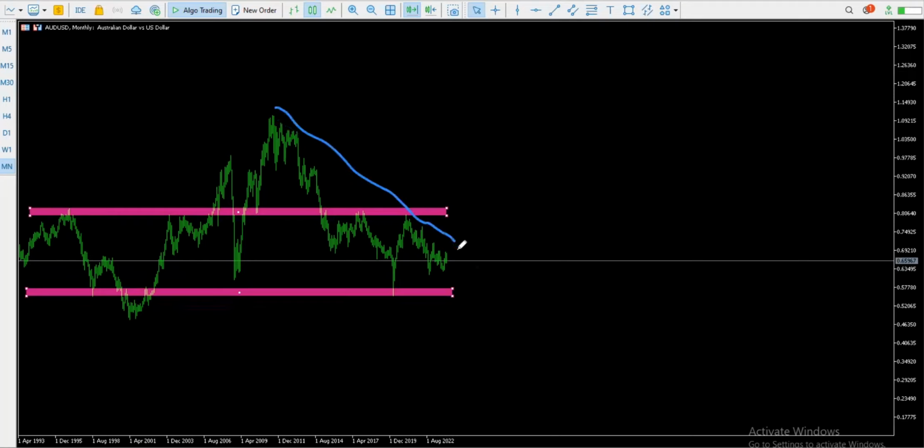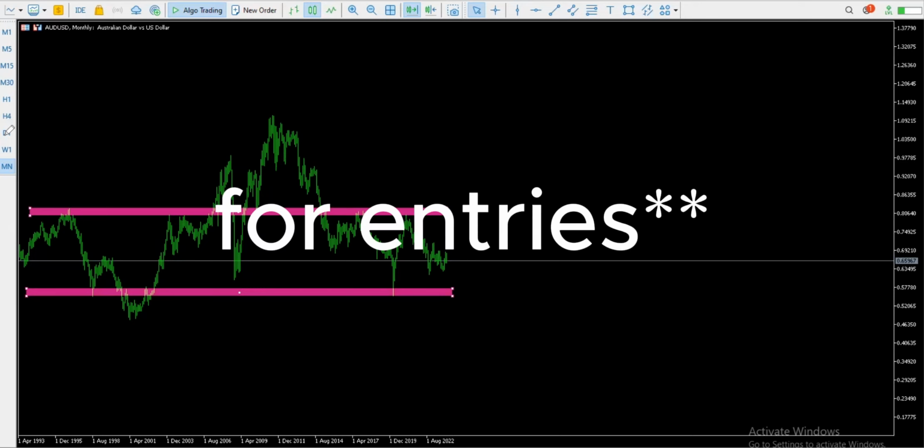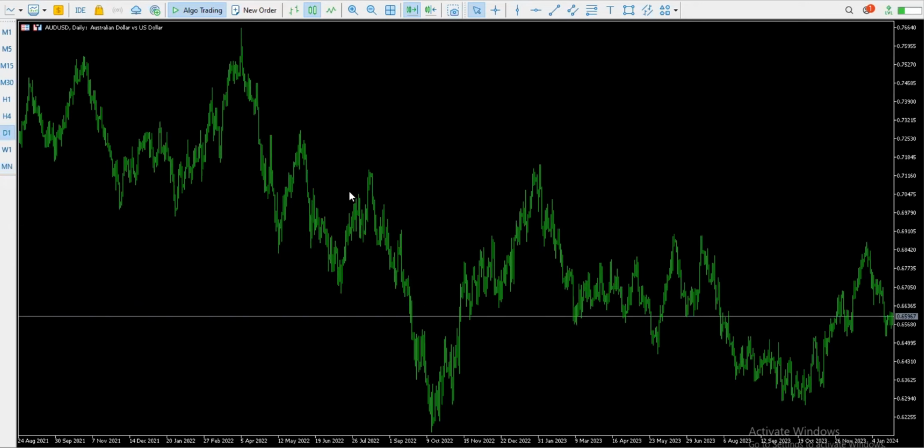As you can see, this market is now in a downtrend and it reached this key level, went up again, and is trying to come down to break this second key level. So we'll move to the daily and the 4 hourly to take trades. That's where he normally takes his trades.